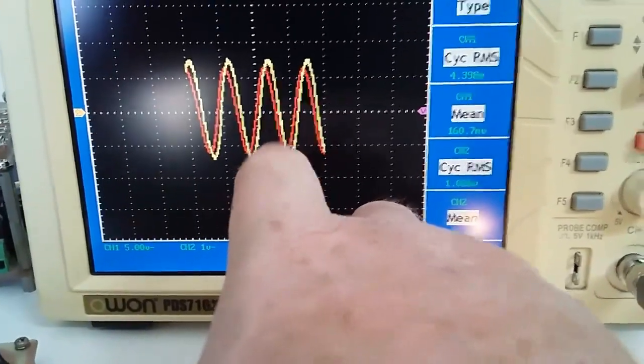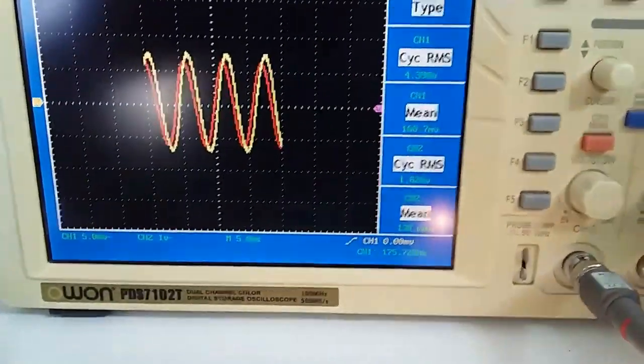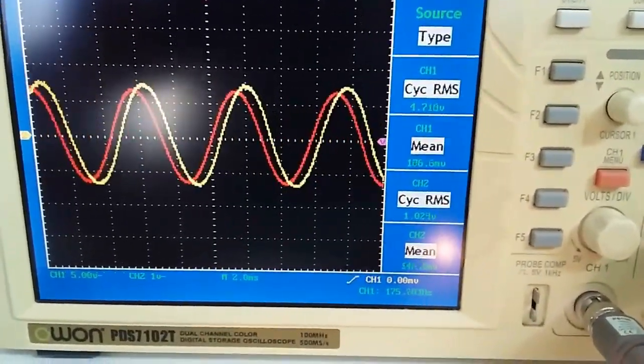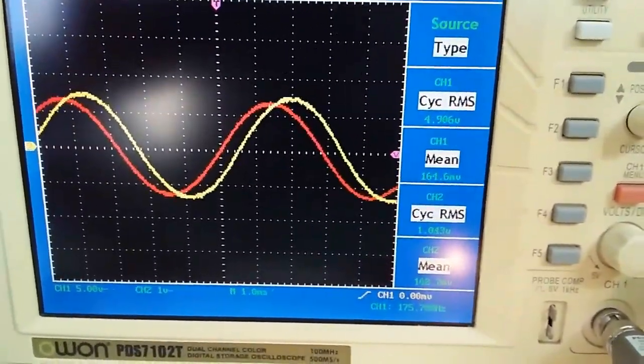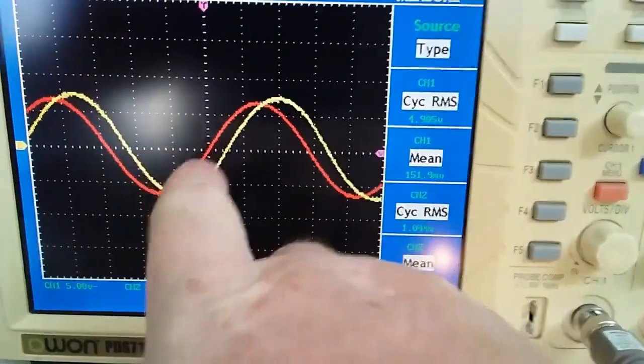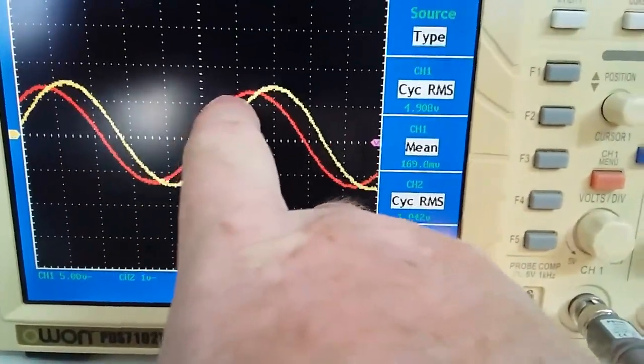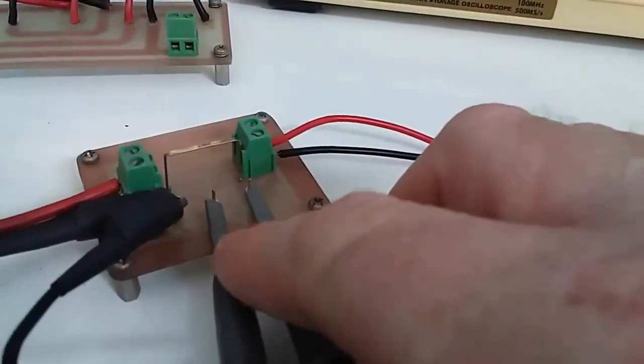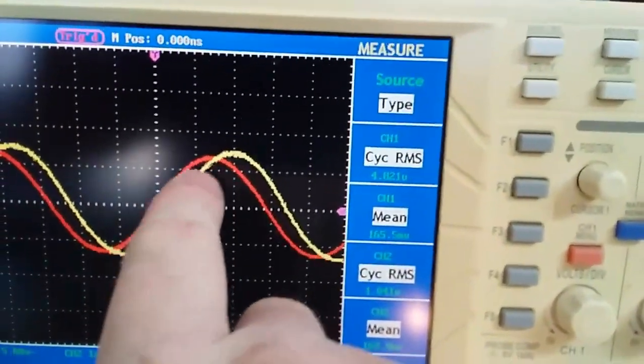So what we're seeing here is a series of points that are being measured. Okay, we'll zoom in a bit more, and all of these points drawn on the screen represent the waveform. So the waveform being measured from here, the voltage and the current, are being displayed over here.